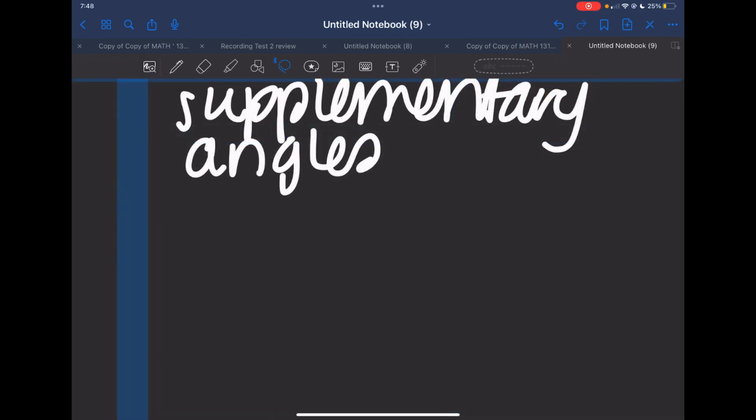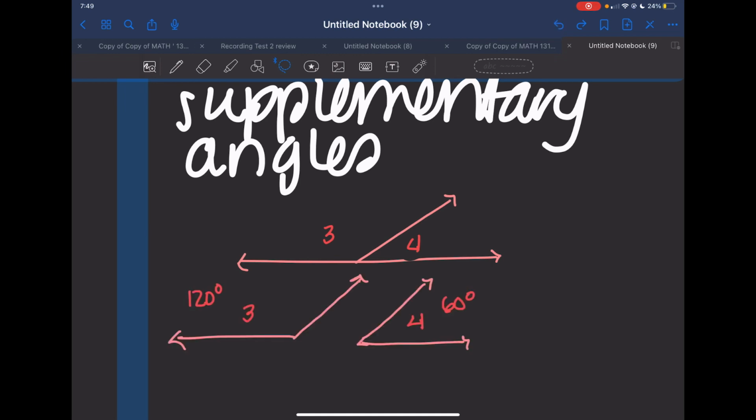Next, supplementary angles. This is a set of two angles that are equivalent to 180 degrees. So it's a flat line that we cut by another angle. In this case, angles 3 and 4. They can be on the same line or they can be two separate angles that add up to 180 degrees.